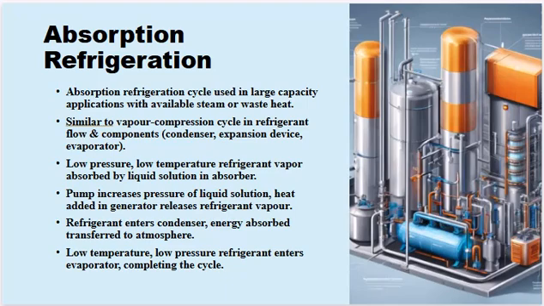This vapor enters the condenser, where it cools and transfers heat to the atmosphere, condensing into a liquid. After passing through the expansion device, the refrigerant becomes low pressure, low temperature liquid and enters the evaporator, absorbing heat to create a cooling effect. Finally, the refrigerant vapor returns to the absorber, completing the cycle efficiently and sustainably.